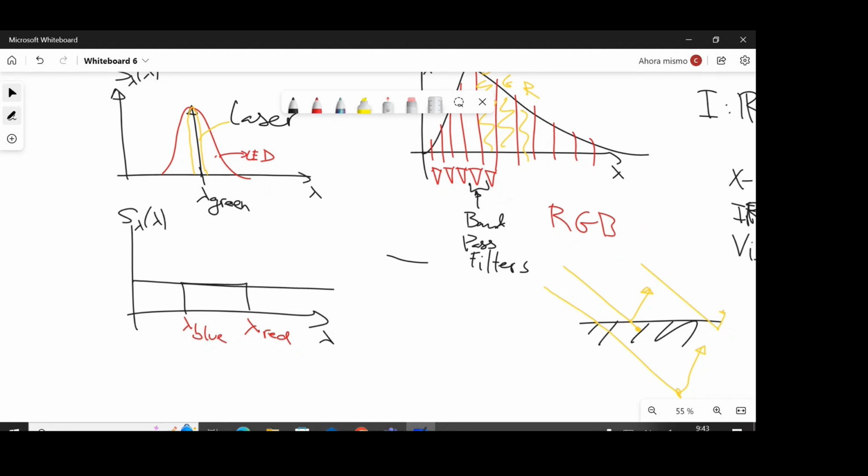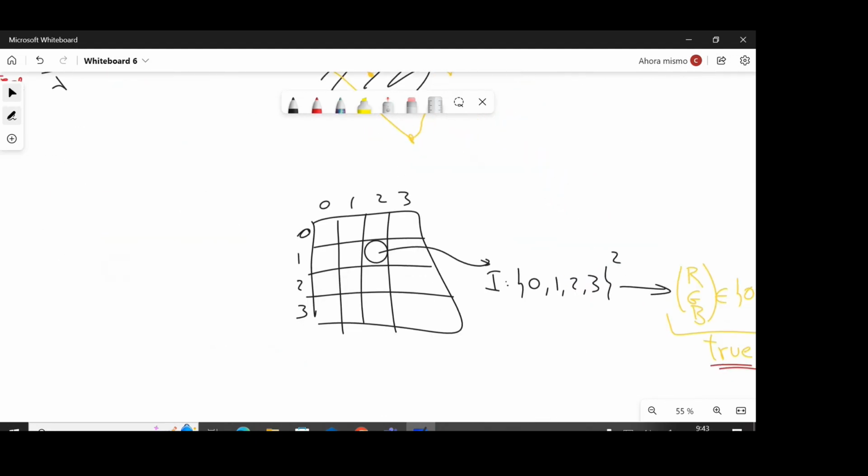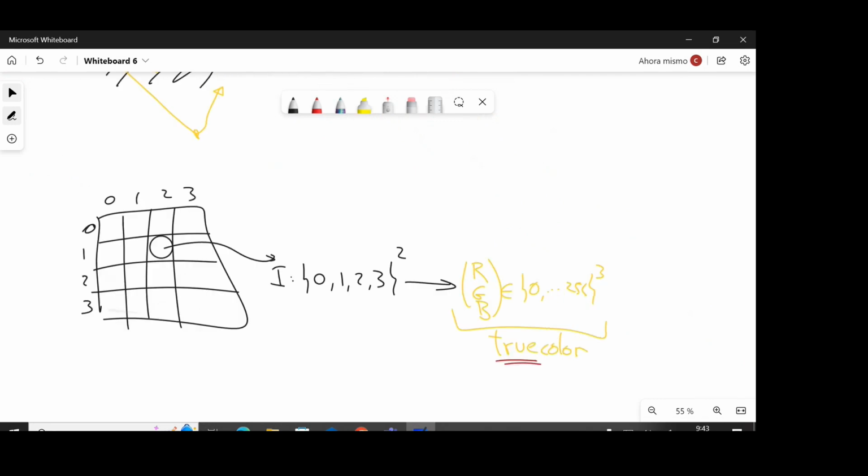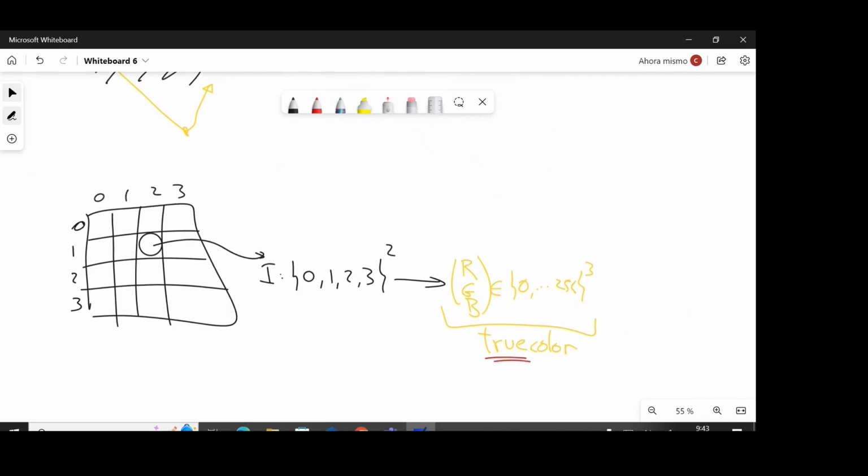Okay, so now we come back to our question. If I want a physical description of color, I have to give you the spectrum. But what if I see a wood table? What is the description of wood?